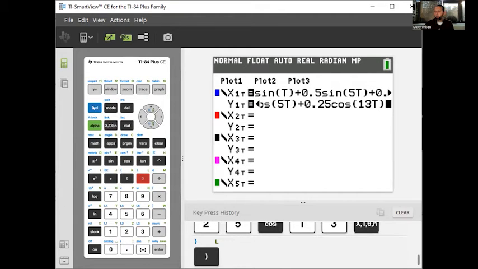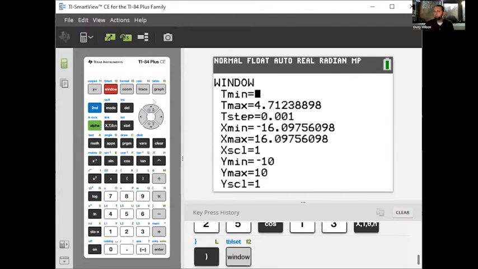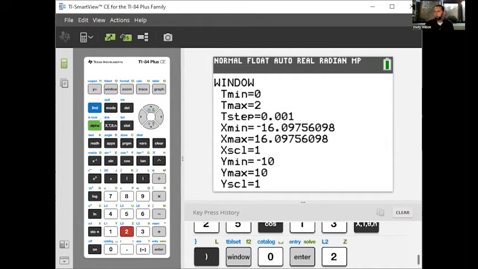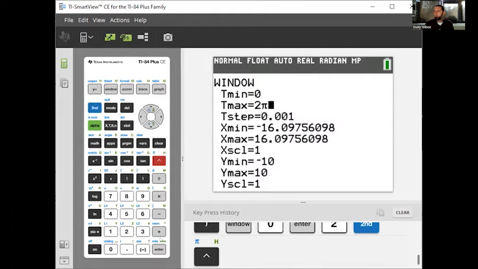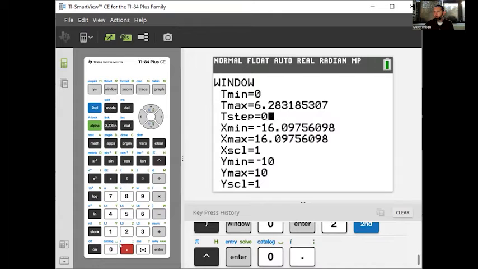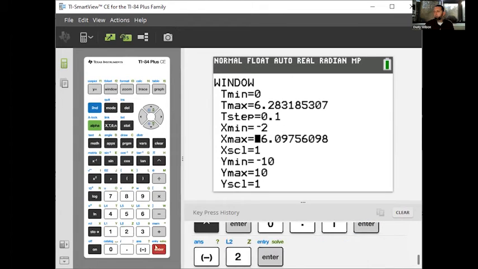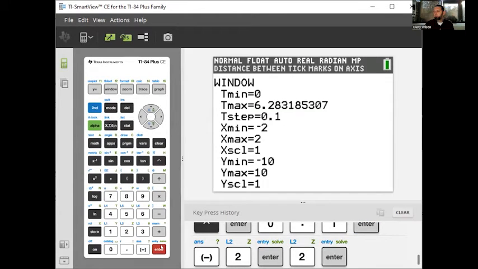And in keeping with the directions, we'll next go to our window and have our t go from 0 to 2 pi, but have our step itself be of size 0.1. Our x minimum is -2, x maximum is 2. We don't care about scale.